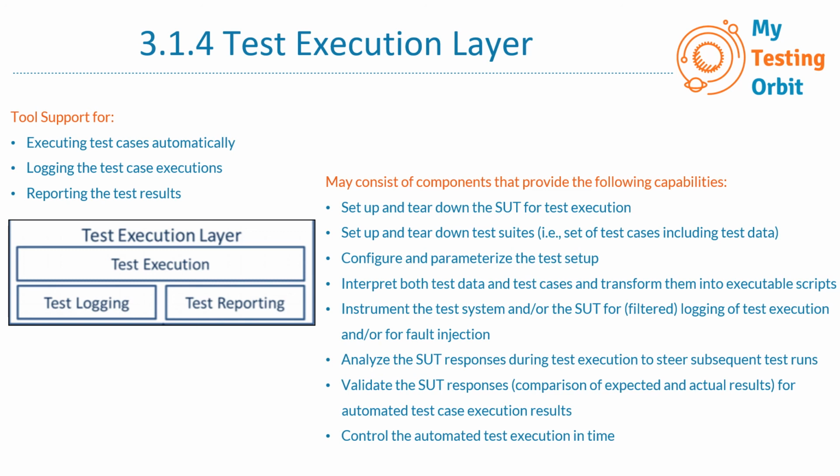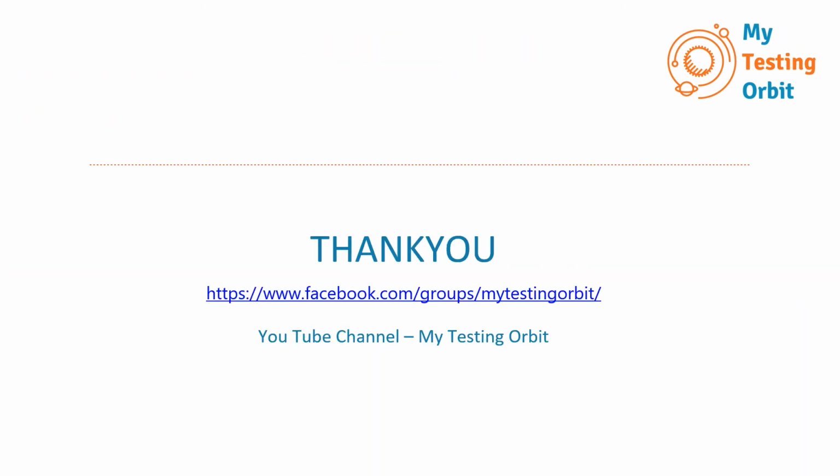Maybe you can do it every night, or after every 2 to 3 days, or you can run it over the weekend, and the first thing you can check in the morning is the result of the tests. So scheduling of tests is quite handy, and that's part of the test execution layer as well. With this, we have come to the end of the test execution layer.